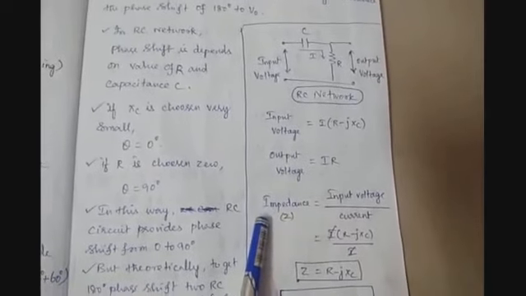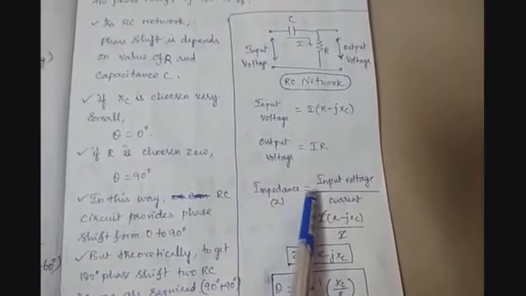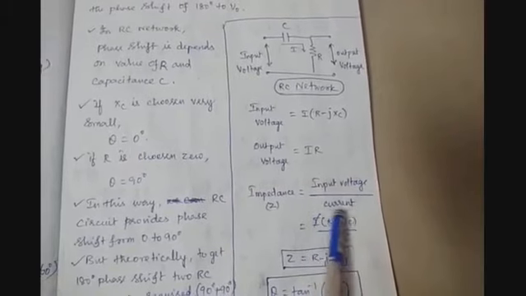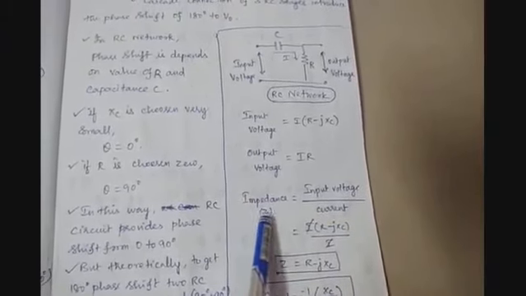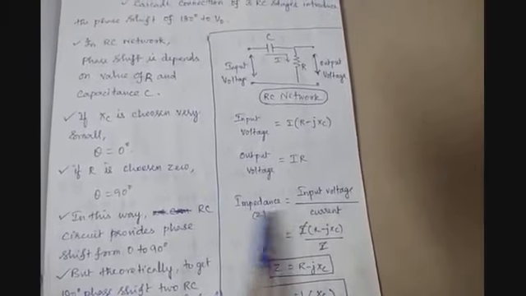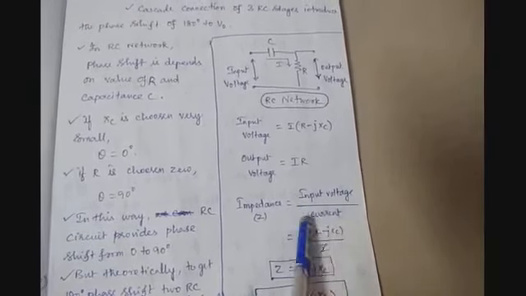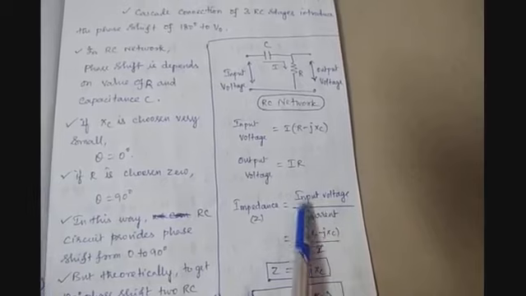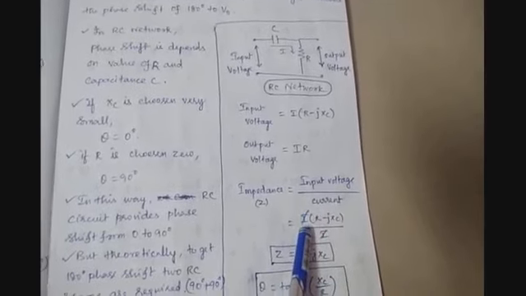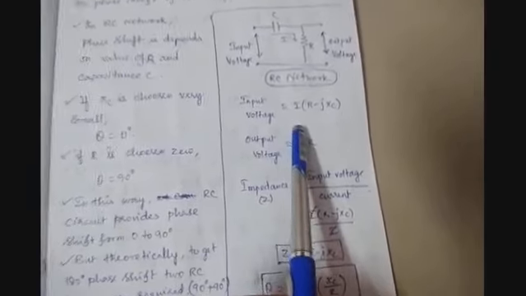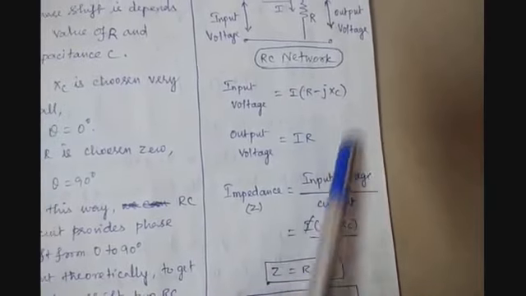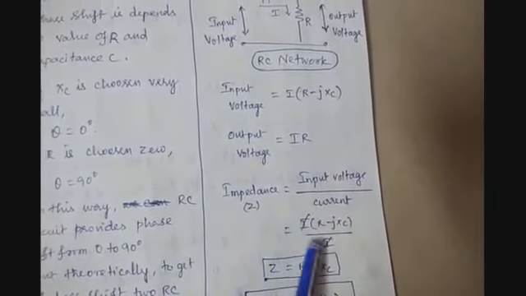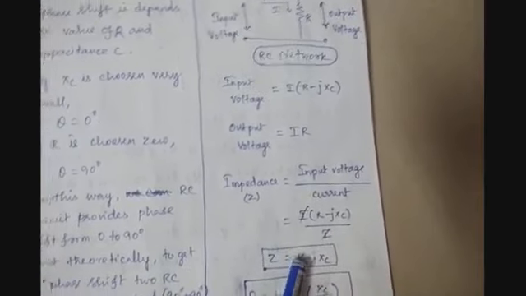Now we are going to calculate the impedance, equal to input voltage divided by current. Impedance means voltage divided by current, V by I. The voltage, as we just calculated, is I into R minus jXC, divided by the current I, which gets cancelled.